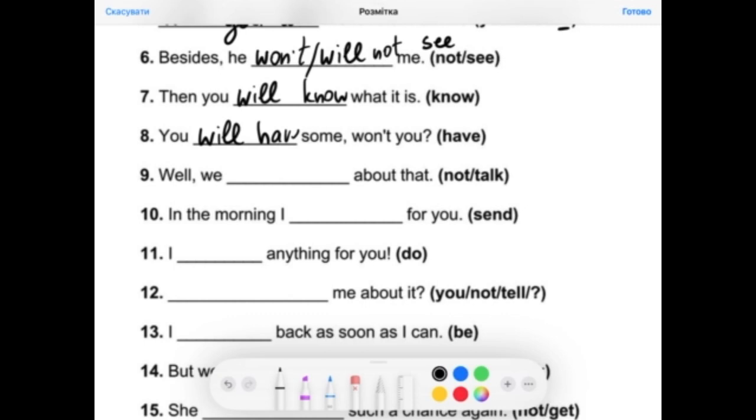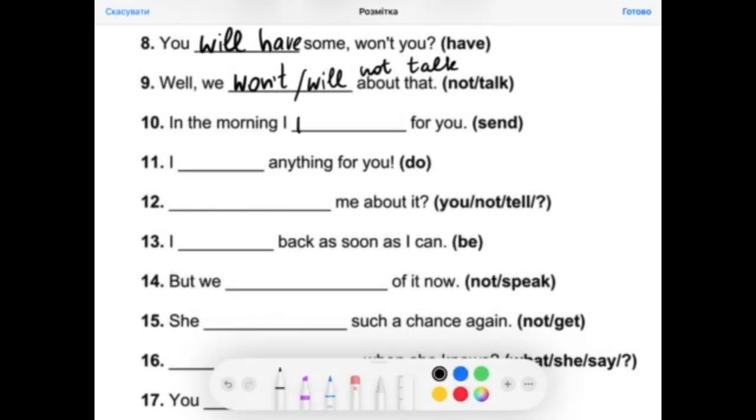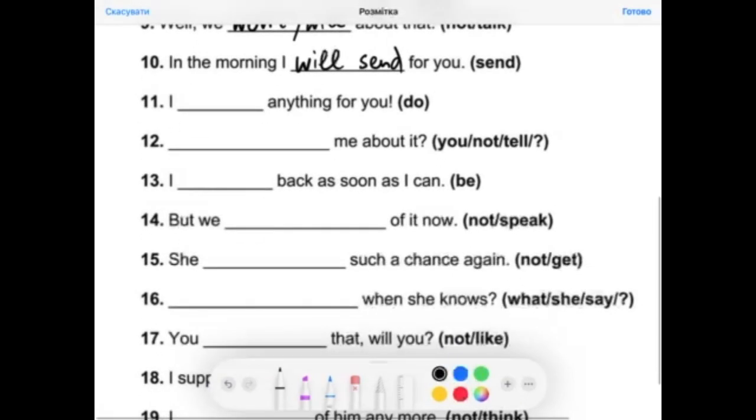That's why we also use here will, just, and have. And as you see, you, will, and such verbs in the affirmative form, they all have the same will. The ninth one, we won't, we will not talk. So in the morning, I will send for you. I will send. Then also affirmative, I will do anything for you.